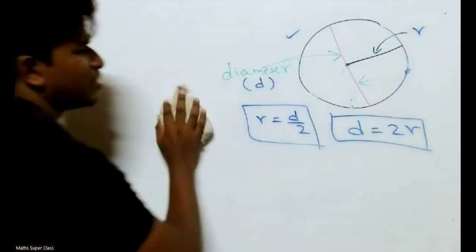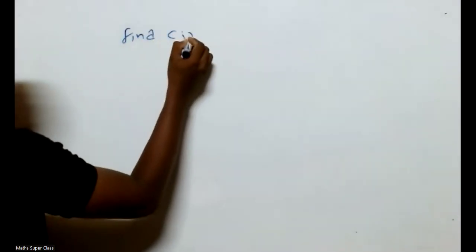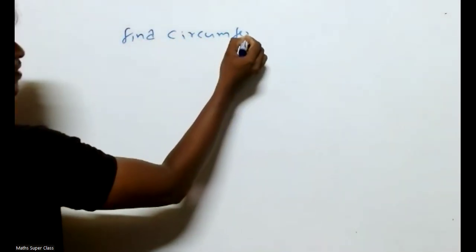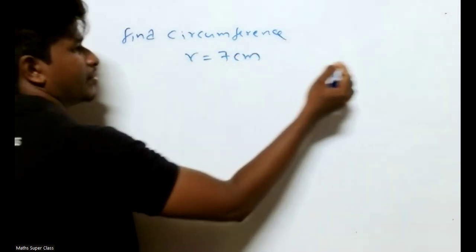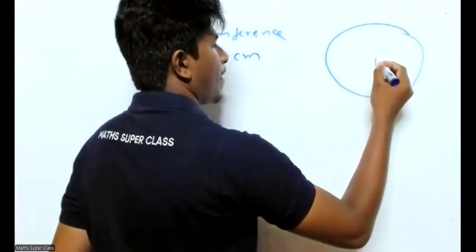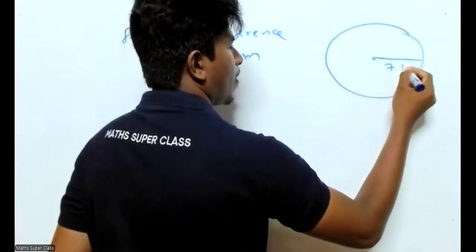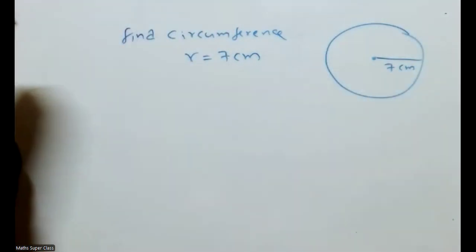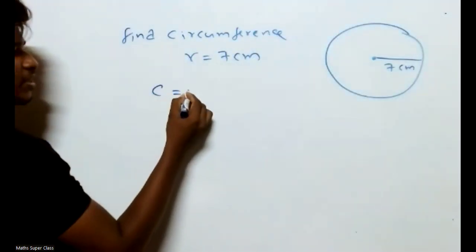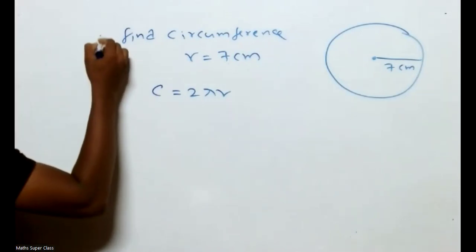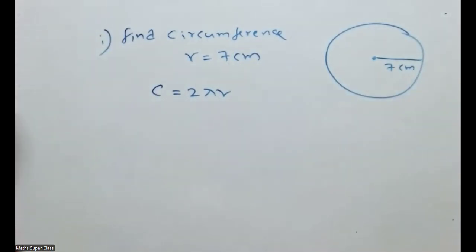Then what to do? Here, find the circumference. r equals 7 cm. So how to find the circumference of this circle? Here we use C equals 2 pi r. This is the question.